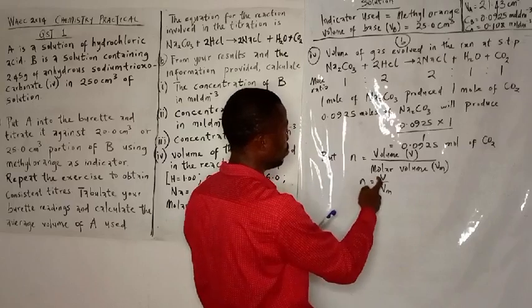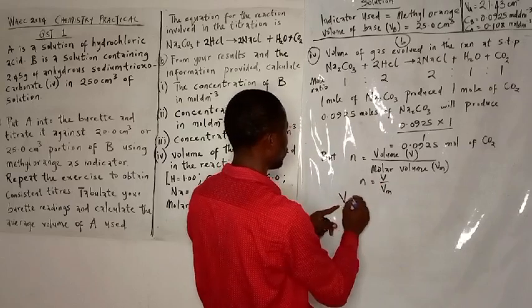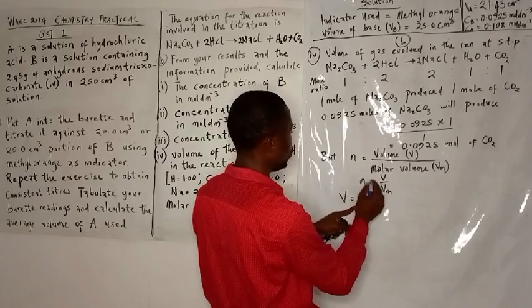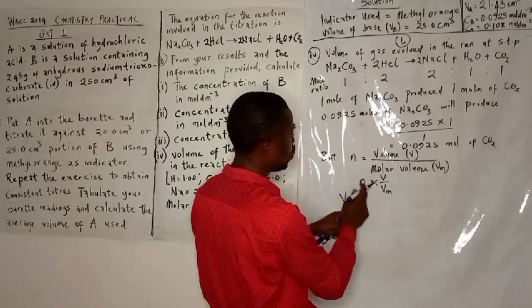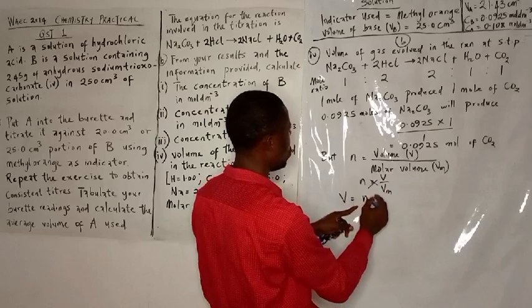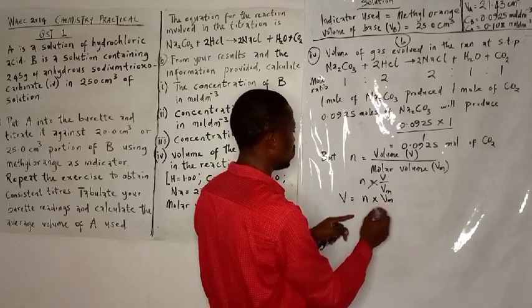We are looking for the volume, so we cross multiply, and volume will be equal to number of moles times Vm.